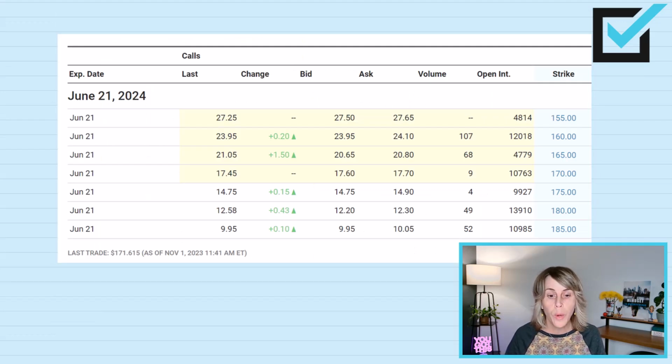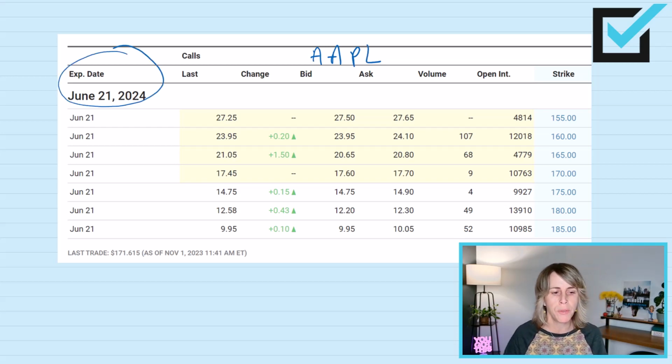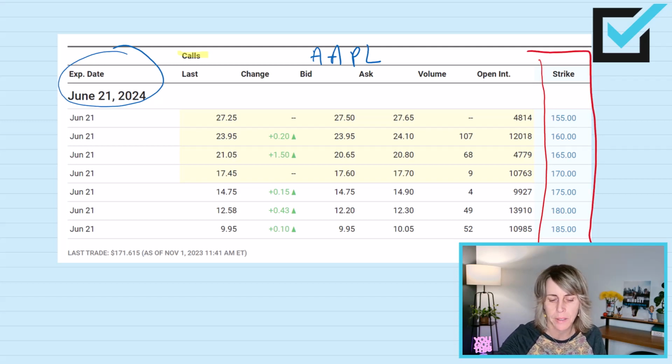These are real world Apple options with an expiration date of June 21st, 2024. They are calls. When you want to buy an option, you have a choice of different strike prices. So here we have the column that has the strike prices.